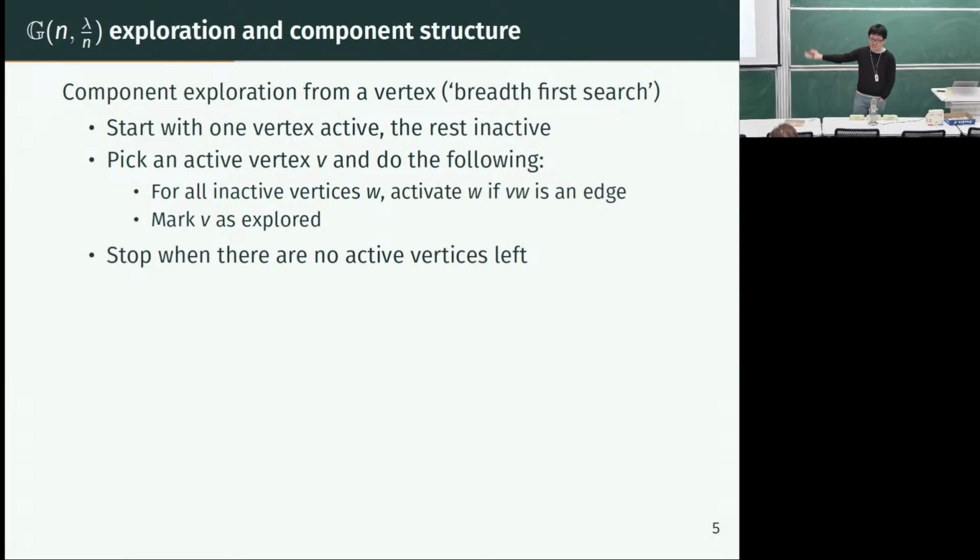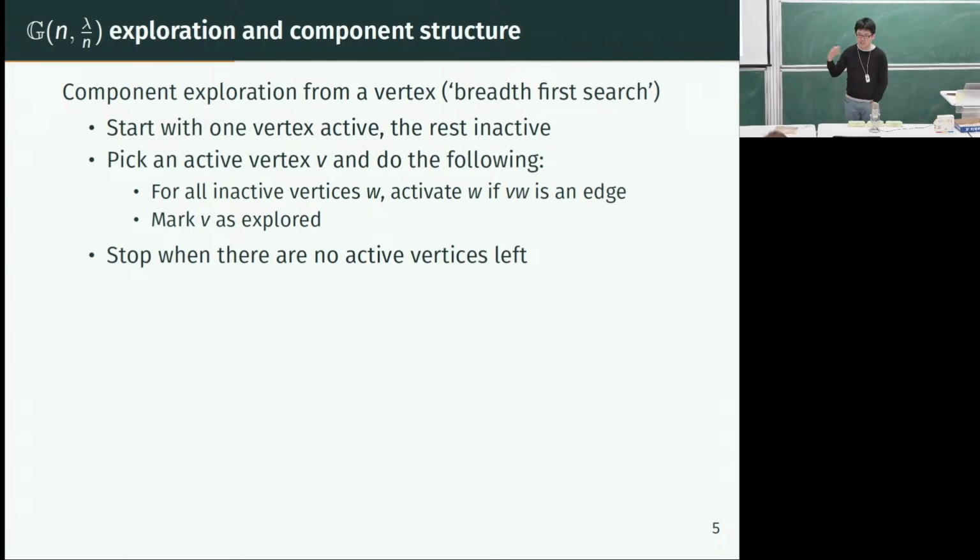So coming back to this whole thing about exploring the Erdős–Rényi random graph, the algorithm that one uses to run this exploration is as follows, and for people who might be familiar with such terminology, it's basically a breadth-first search algorithm. What you do is you start with one active vertex, everything else inactive. And basically, you want to explore the neighborhood of each active vertex.